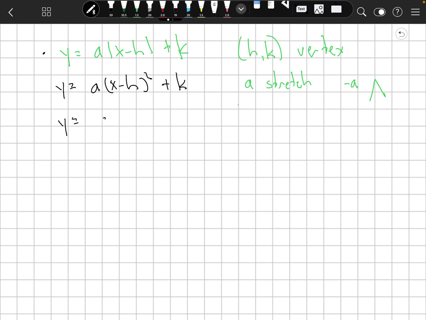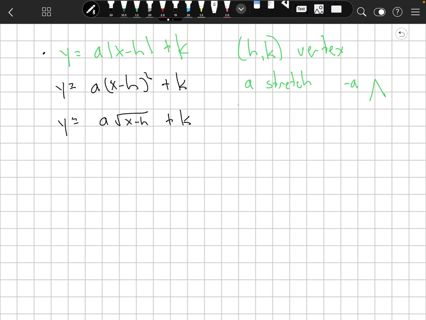So if you had a times the square root of x minus h plus k, h and k again would be the vertex in your equation, and a would be the measure of stretch there.